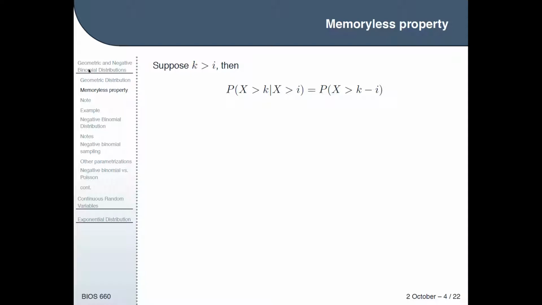Another way to think of it is if the lifespan of, say, a light bulb is memoryless, the probability the light bulb lasts another 5 months, given that it's lasted 10 months, is just the probability of lasting 5 months if it were brand new.